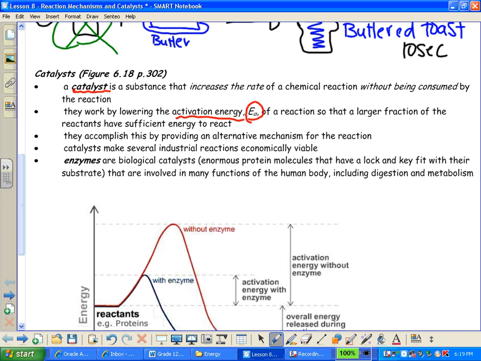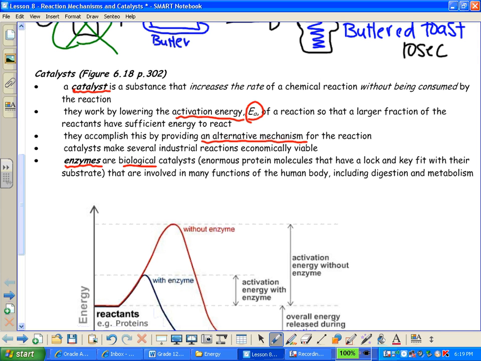So what a catalyst does is lower that activation energy so that more reactions can actually take place. They accomplish this by providing an alternative mechanism for the reaction. Catalysts make several industrial reactions economically viable.